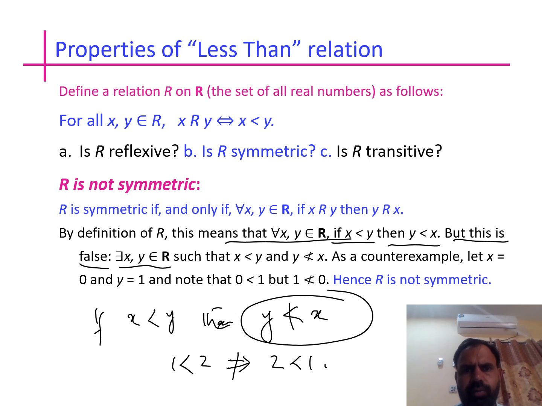By definition of R, this means that for all x, y, if x is less than y, then y is less than x, but this is false. There exist x and y belonging to R such that x is less than y and y is never less than x. As a counterexample, take x equal 0 and y equal 1, and note that 0 is less than 1 and 1 is not less than 0. So R is not symmetric.